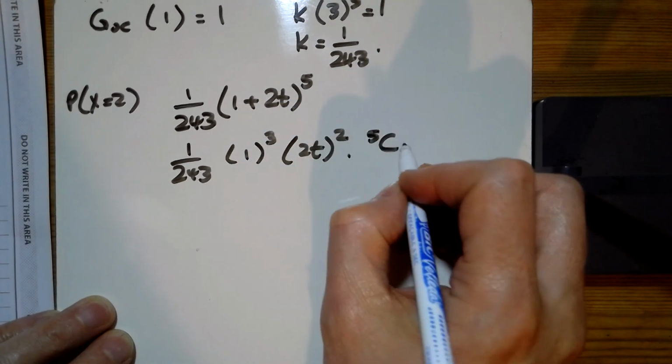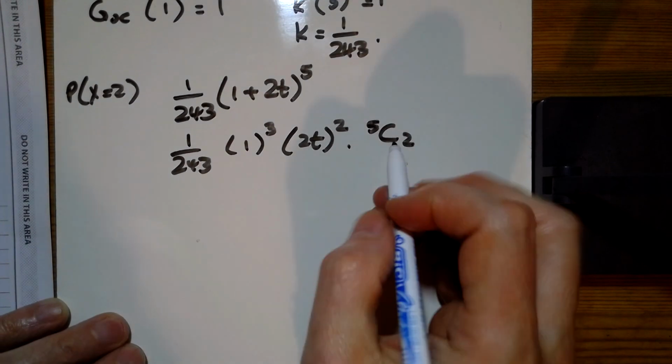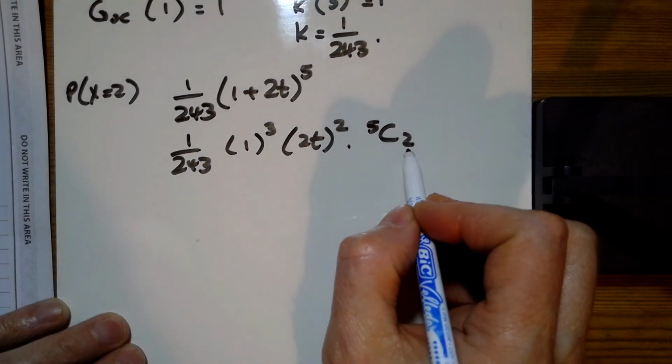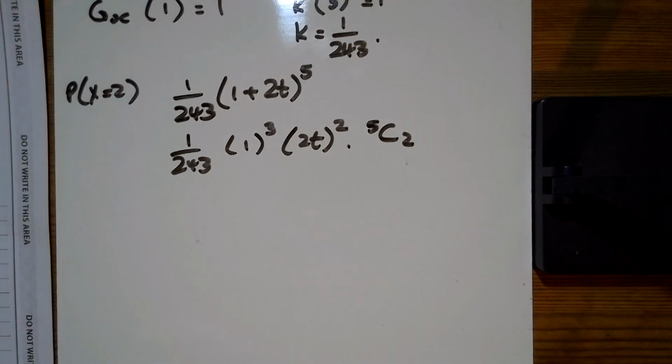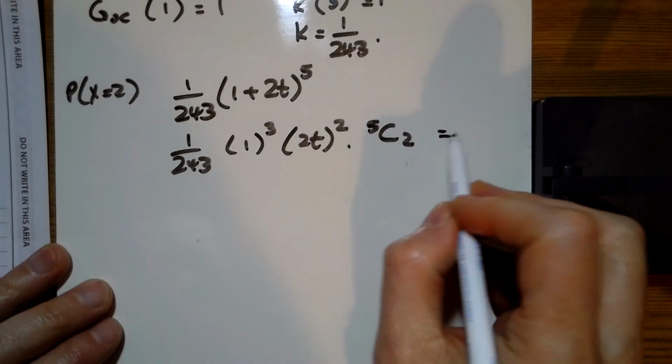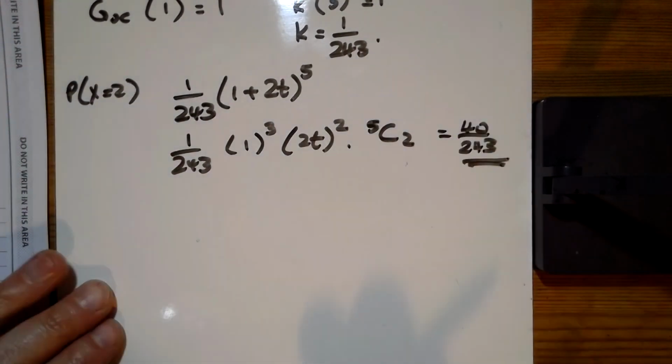Well, that's 5 choose 2 ways of doing that. 5 choose 2 is just 10, isn't it? And 10 times 2 squared, 4 times 10, so we've got 40 over 243. That's that bit there.